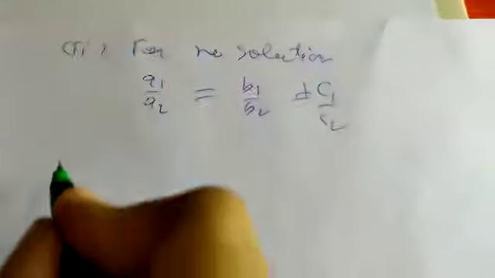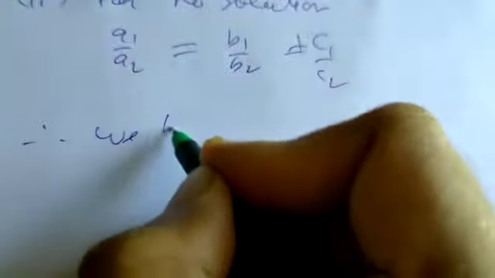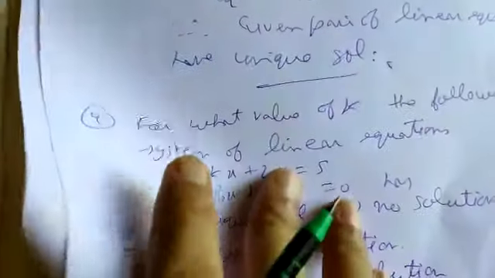We know that for no solution, a1 by a2 should be equal to b1 by b2, and that is not equal to c1 by c2. So for no solution, we have a1 by a2 equal to b1 by b2, not equal to c1 by c2.